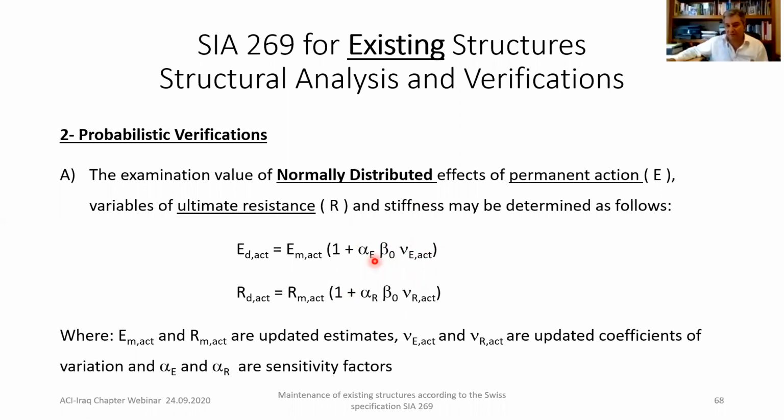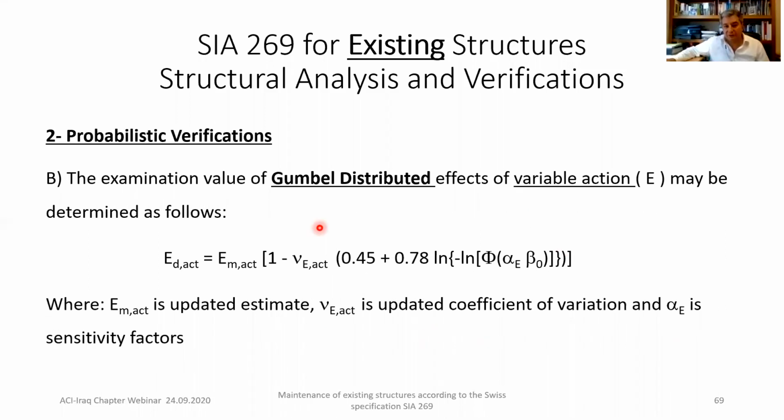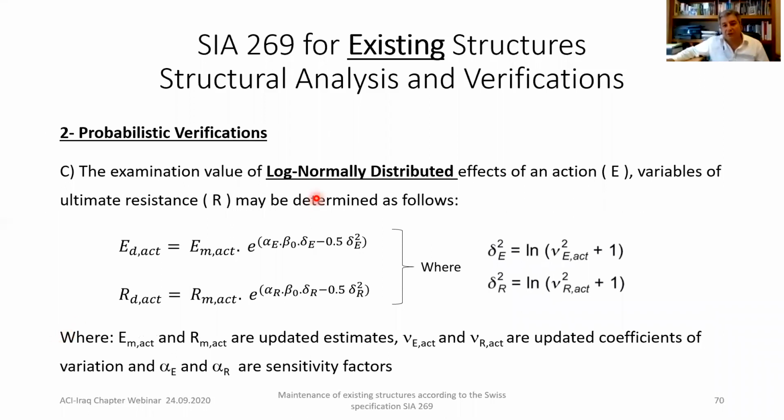I will focus on beta 0 later, what it means, but the others are statistical from your situation. So I will go faster. This distribution is for the dead load. For live load, sorry, for Gumbel, yes, the Gumbel distribution is for the live load. And for the log normal distribution, you can use this one.